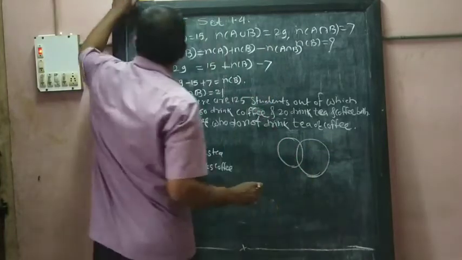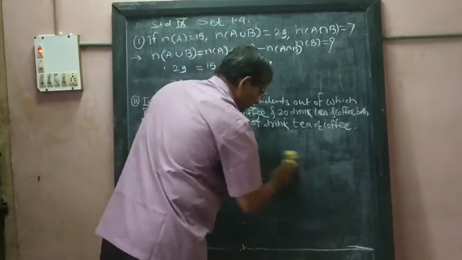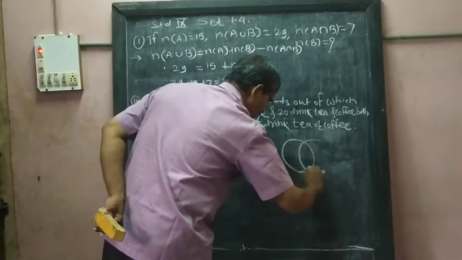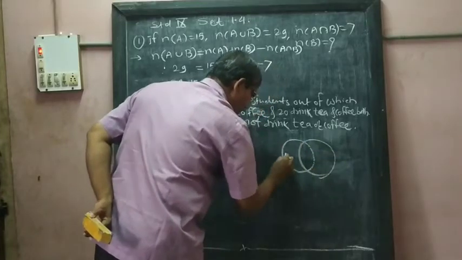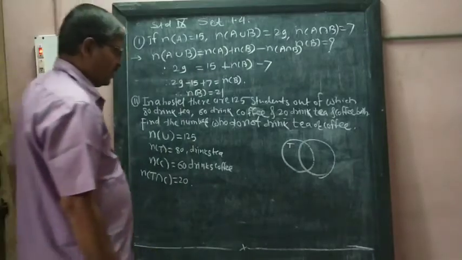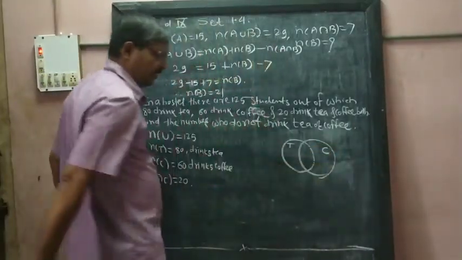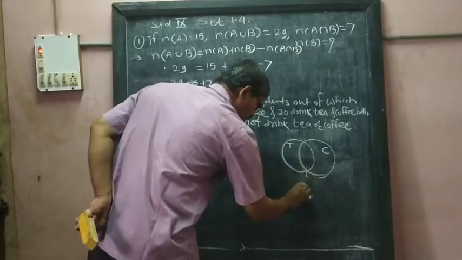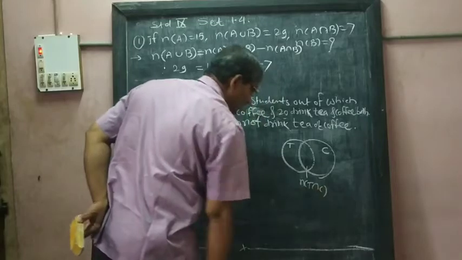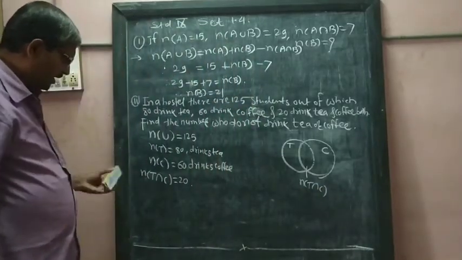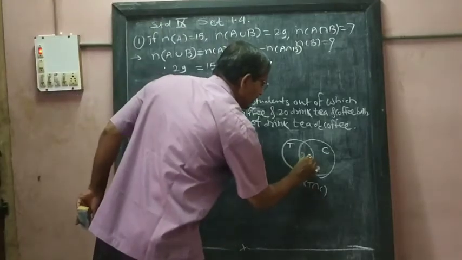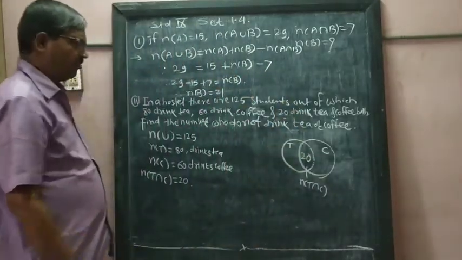Here this is T, this is set C, and this middle part means the number of students drinking tea as well as coffee. So the number of students who are drinking tea as well as coffee, this number is given here as 20.